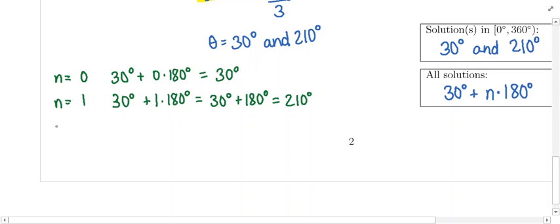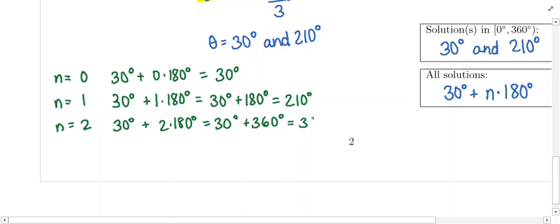I can find another solution by letting n be 2. So this is going to be 30 degrees plus 2 times 180 degrees. This is going to be 30 degrees plus 360 degrees. This is going to be 390 degrees. 390 degrees is coterminal with 30 degrees. So that's another solution.